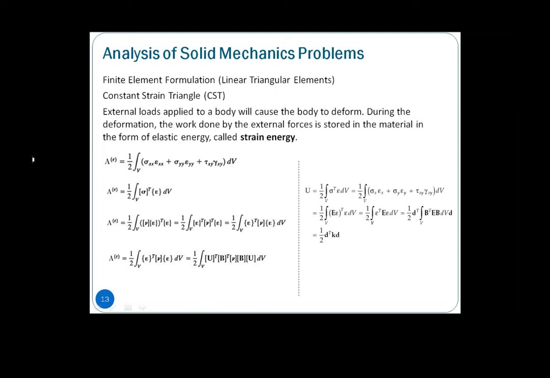In one dimension, if you still remember, our strain energy is equal to the integral of stress times strain dV. Now let's say we have plane stress under 2D, then we have sigma xx epsilon xx, and we also have to add the y direction, and again add the shearing stress and shearing strain.